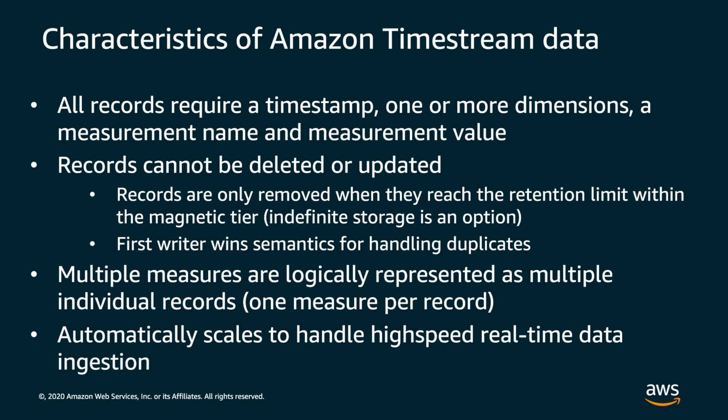In certain cases, it may still make sense to use something like Kinesis to capture that data, especially if you want to do different types of analysis and maybe feed that data into a different system as well, like Elasticsearch, and do other work that maybe Timestream isn't designed for.